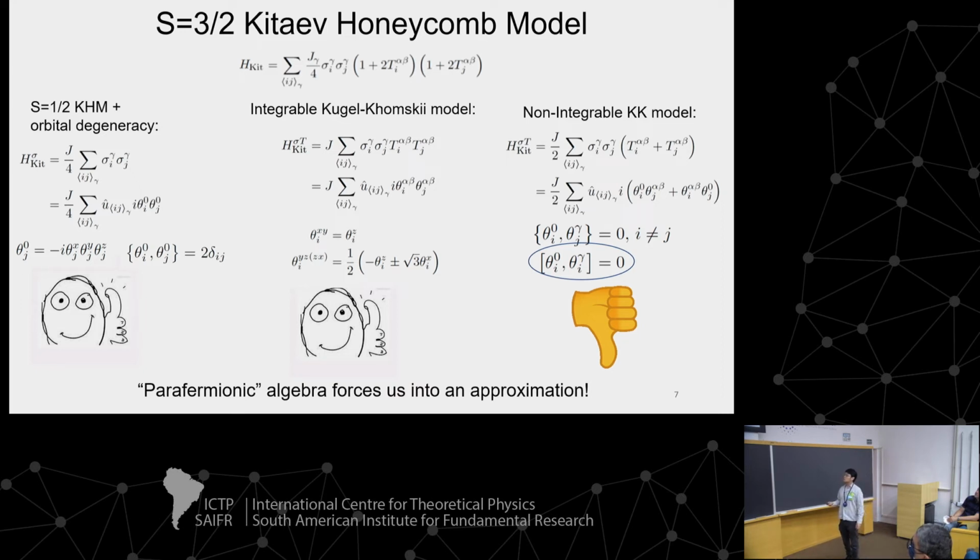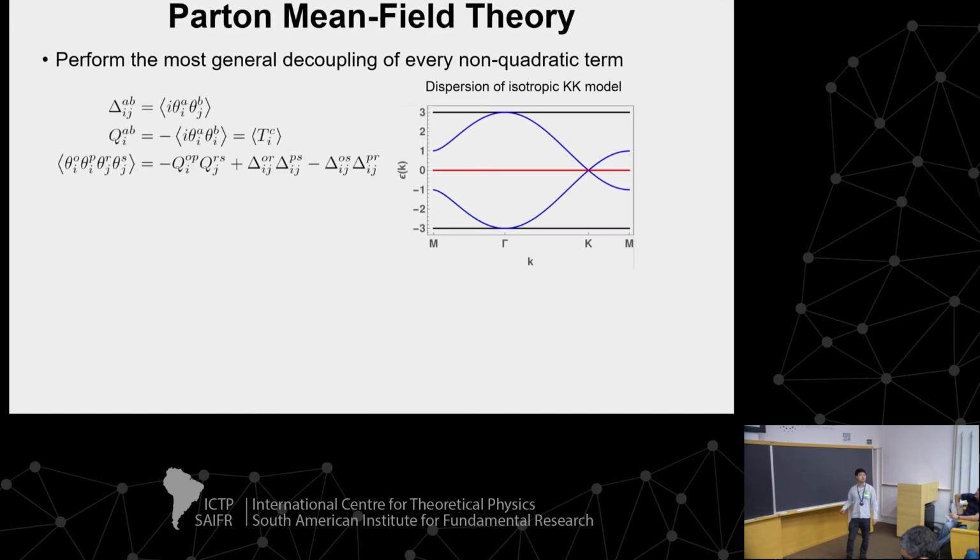So that is what forces us into approximation, and that's what makes this model not exactly solvable. So what we do is a mean field decoupling of this part, make the most general mean field decoupling, find as many self-consistent solutions as we can, and take only the one with the least energy.